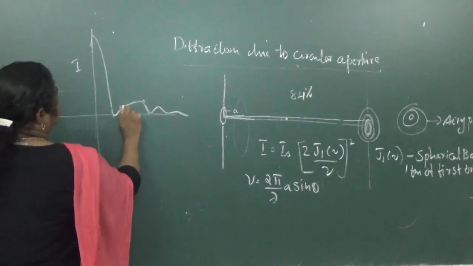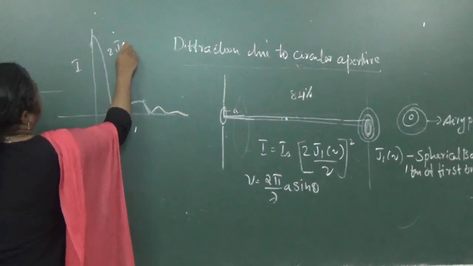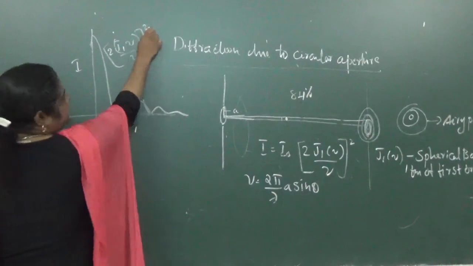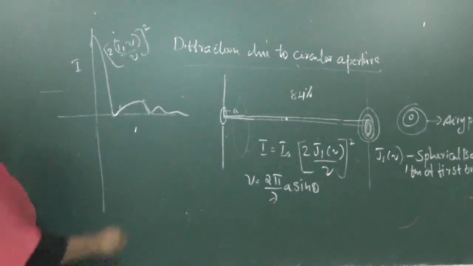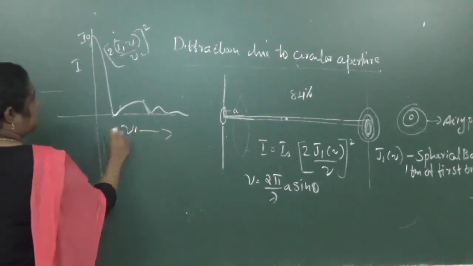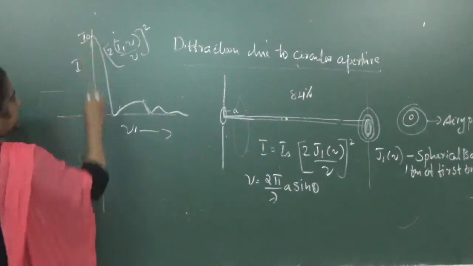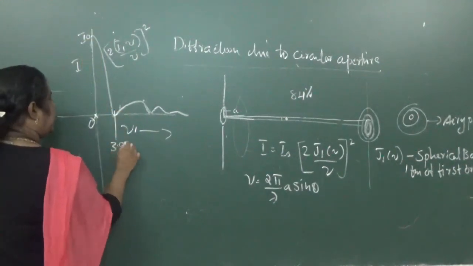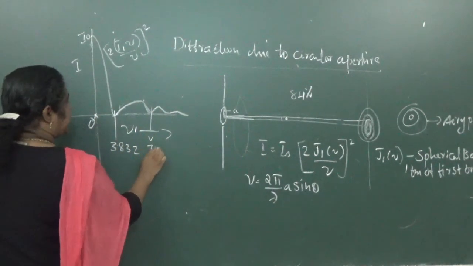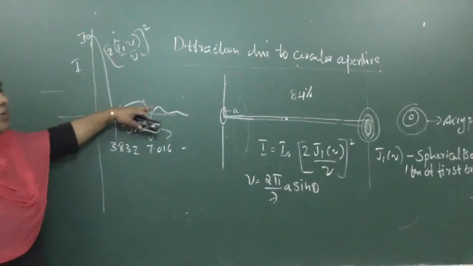This is actually (2 J1 nu by nu) squared. I is equal to, this is the maximum intensity I0. Then nu is equal to this, which means nu depends on theta. When theta is equal to 0, you will get maximum intensity. Then 3.832 will be the first minima. The second minima is 7.016, etc. So the intensity pattern will be like this.